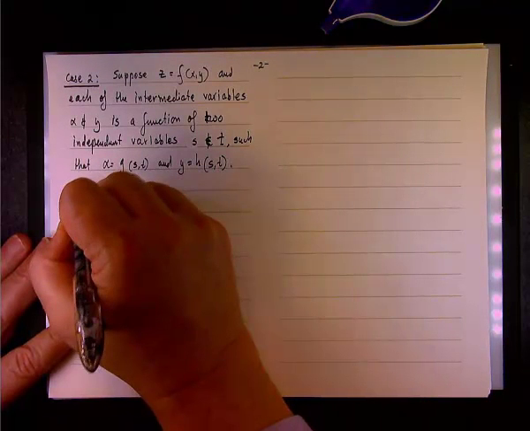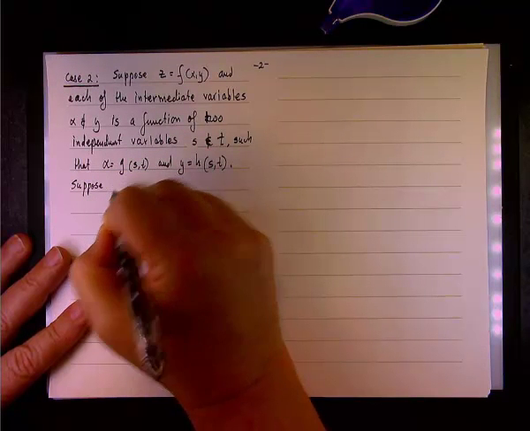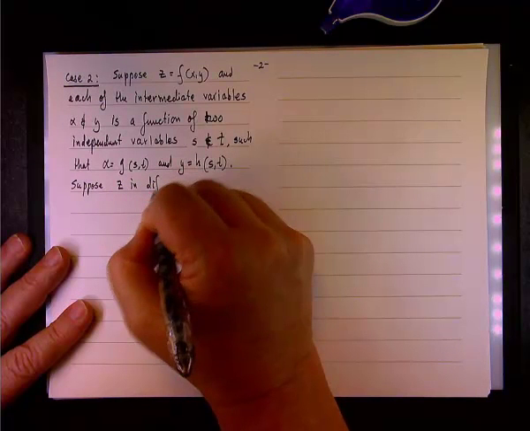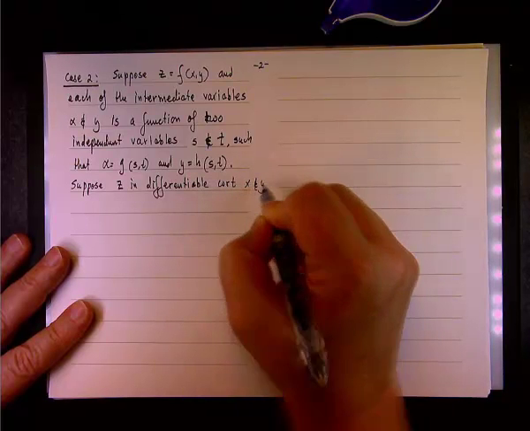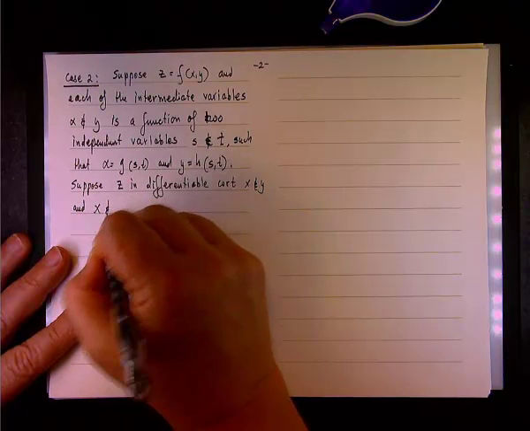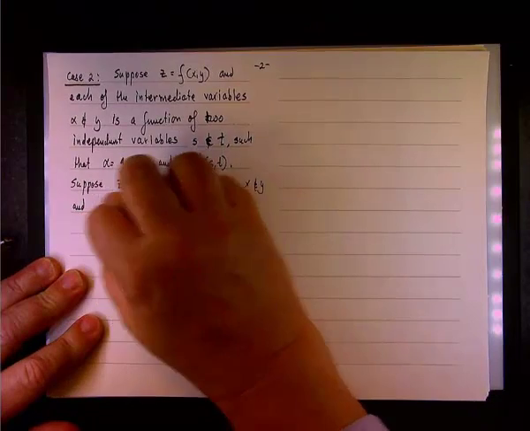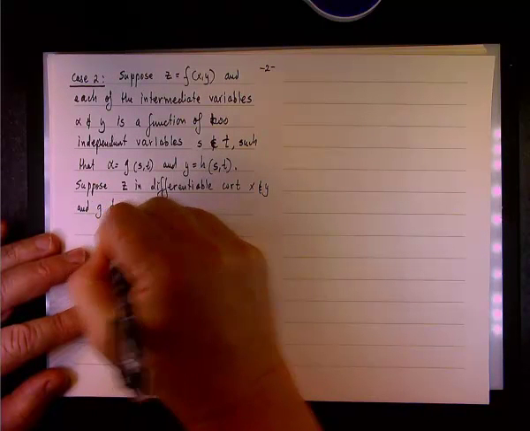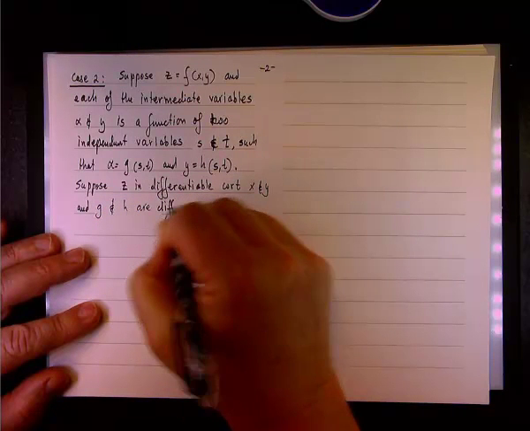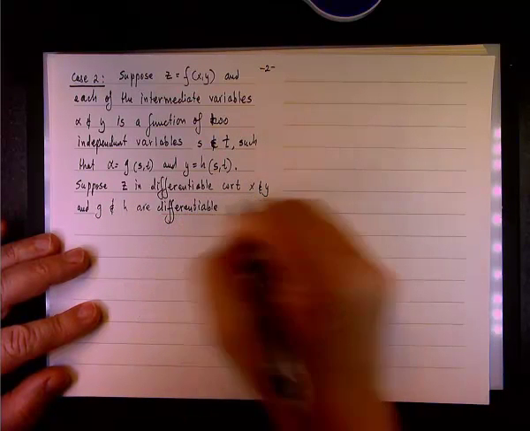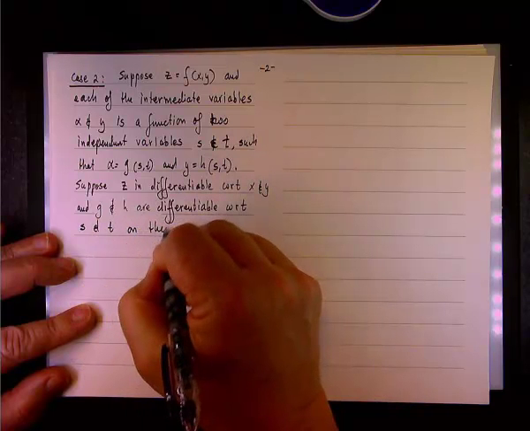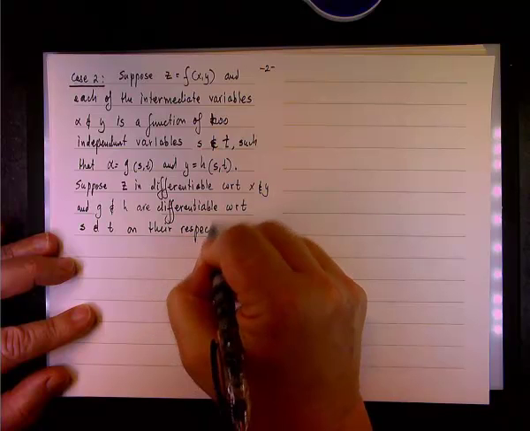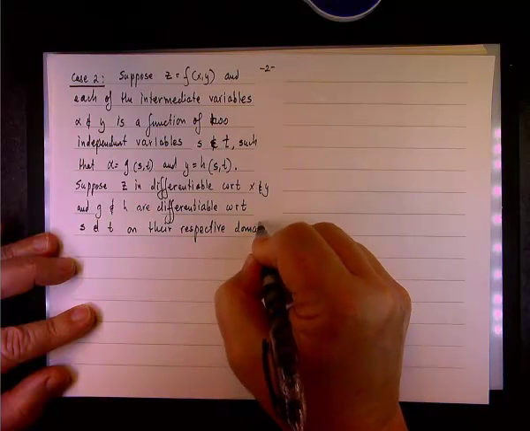Now we assume that everything is differentiable on some domain, so suppose that z is differentiable with respect to x and y, and x and y, or actually now we call them g and h, and g and h are differentiable with respect to s and t on their respective domains.